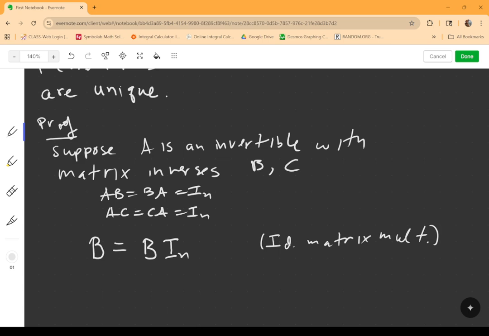Now let's use our assumption: I_n can be written as A times C. And this is just substitution, or the definition of an inverse.